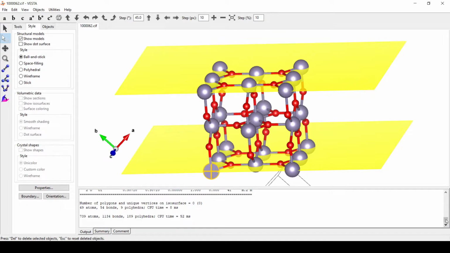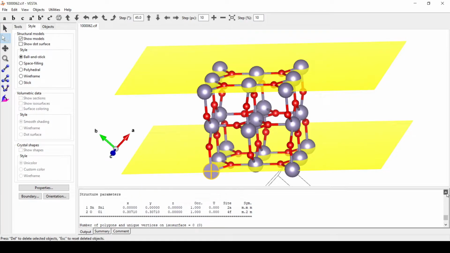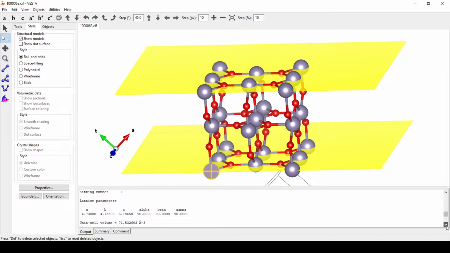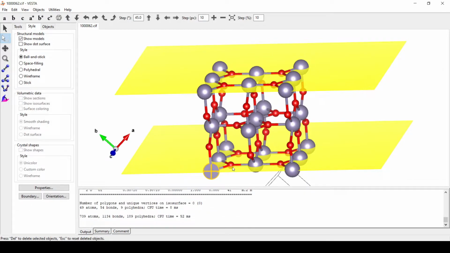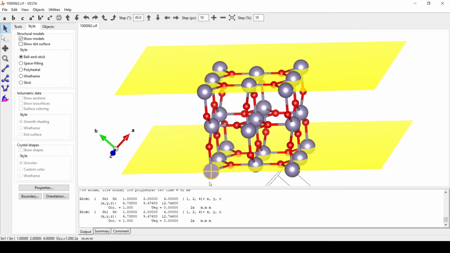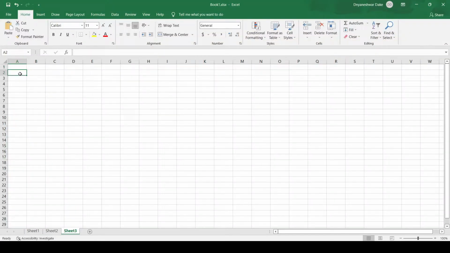Here we should be able to see the coordinates. Here we can see the coordinates, that is 1, 2, 4. This is our origin. We'll use an Excel file for this, having here origin, A, B, C, and the modified ABC.